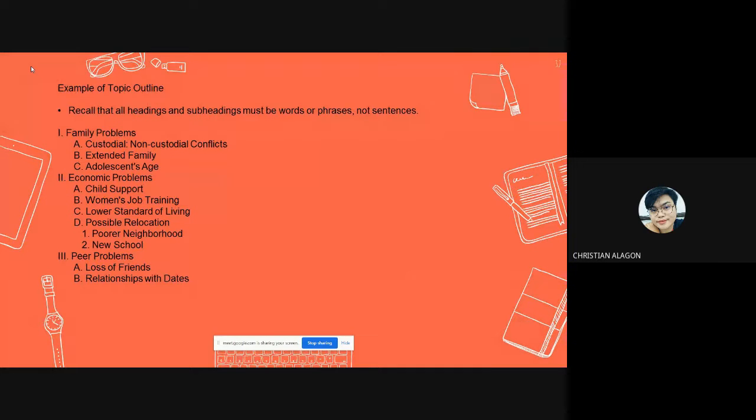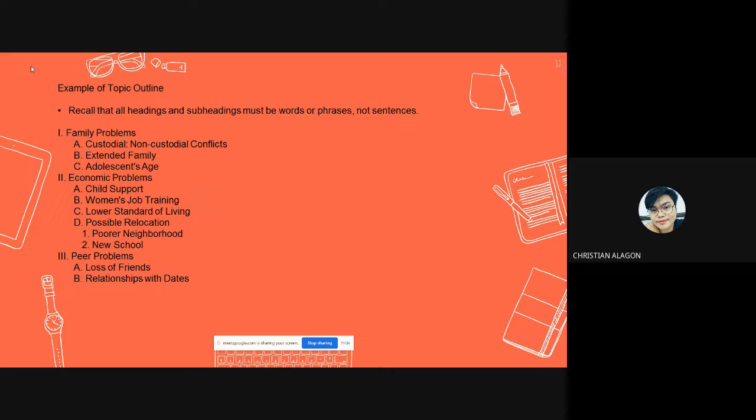As you remember, recall that all headings and subheadings must be words or phrases, not sentences. So I have said earlier that a topic outline will consist of short phrases only.